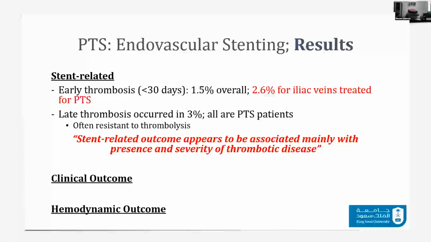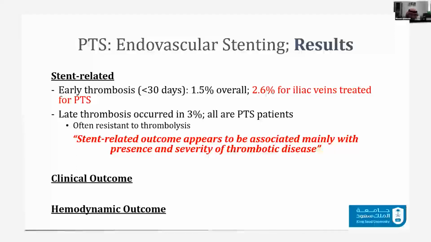The results of endovascular stenting have been coming up in larger case series, in non-randomized trials and single arm experiences. The early thrombosis is very low, and it's a little higher when it's PTS, because most of the studies report treating May-Thurner syndrome or non-thrombotic lesions. The late thrombosis occurs in higher percentages, all of those in PTS.